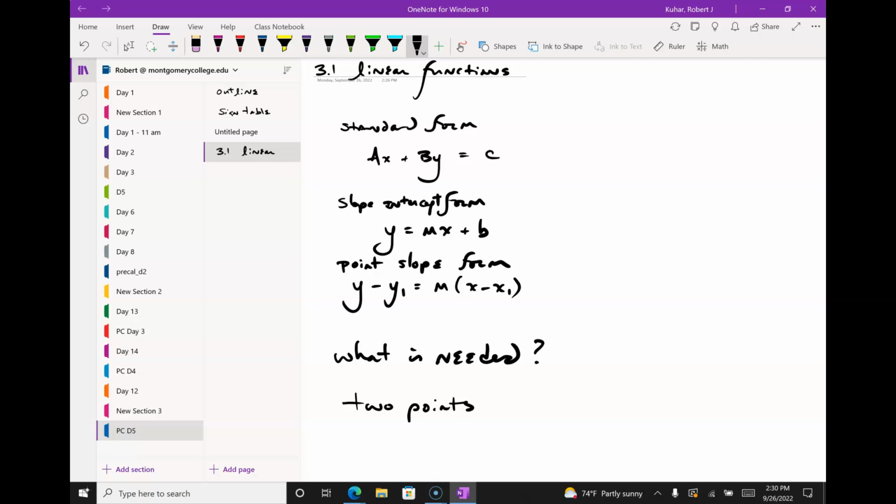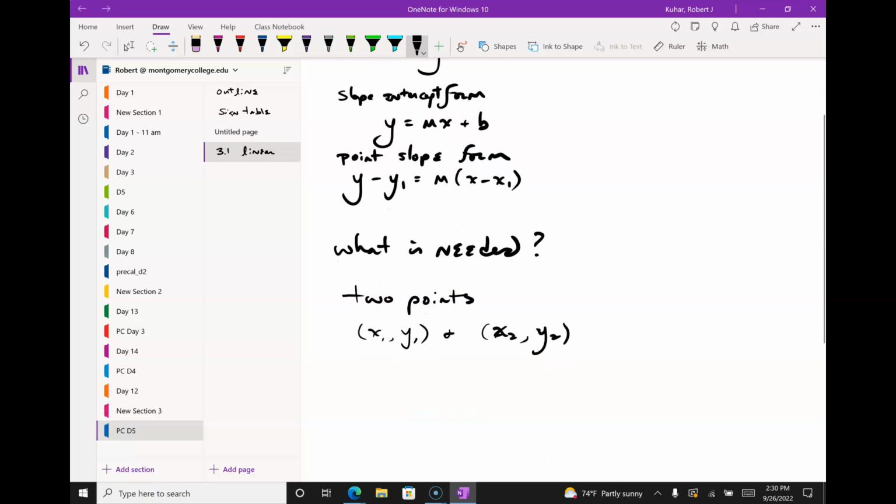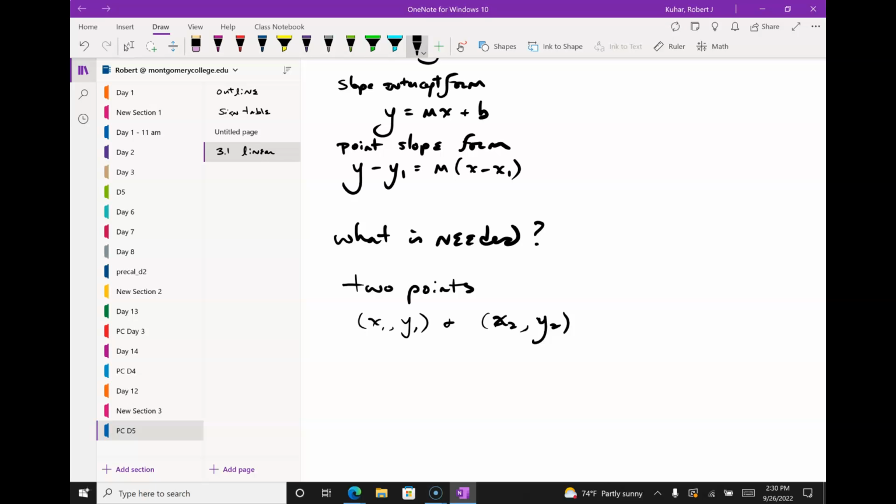And the 2 points will give me, let's say, x1, y1, right? That's my first point. And x2, y2. I'm just using those subscripts as counters. And of course, then I get my slope from y2 minus y1 over x2 minus x1.